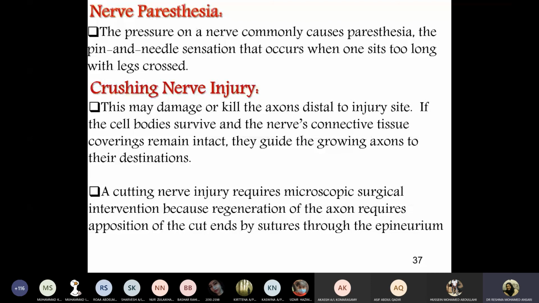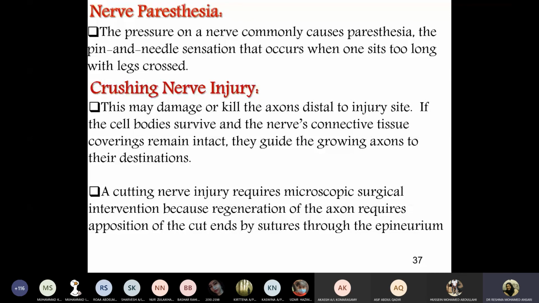So coming to crushing nerve injury. So crushing nerve injury may damage or kill axons distal to the injury site if the cell bodies survive. I told you the cell bodies are very important for supporting the nerve, and if the nerve's connective tissue or myelin sheath is intact, the growing axons will grow and then the nerve is regenerated. A cutting nerve injury, if there is a nerve injury, so we will ask, can we do surgery?